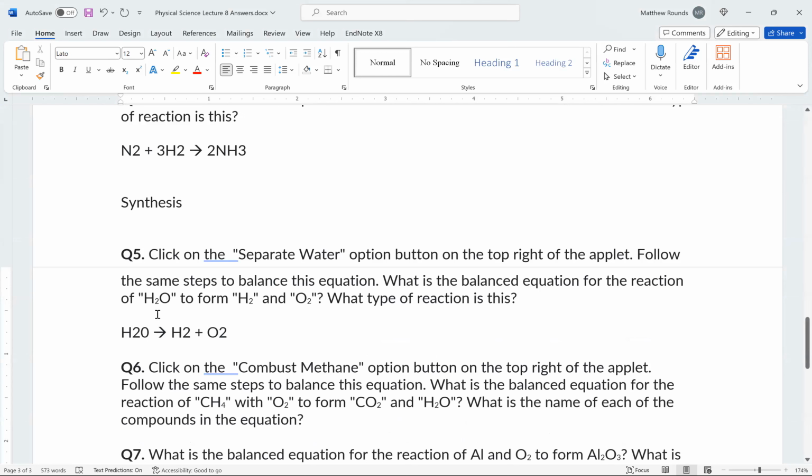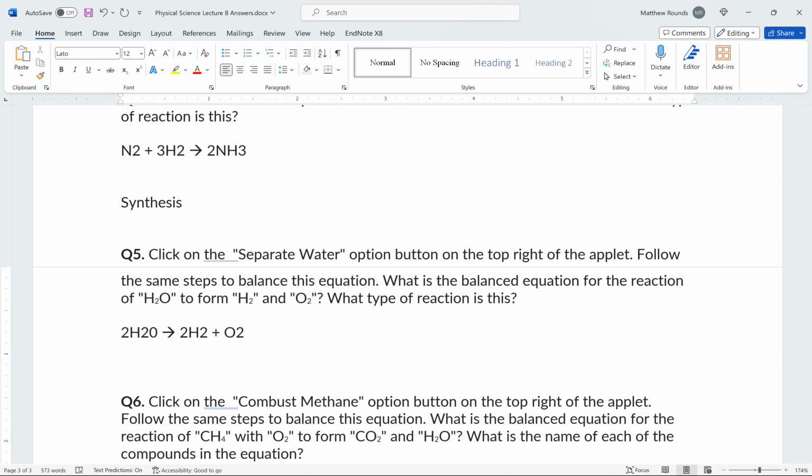And kind of like the last one, there's two H's. That's what this subscript means. There's two H's, but there's only one O on the left, and on the right there's two O's, so we're out of balance. So there's a two multiplier here, which makes four H's. So we need to put a two in front of the H2 to get four H's. And then there's also two O's and two O's.